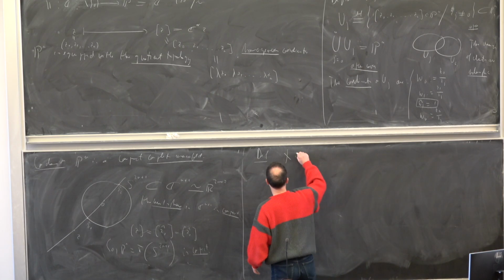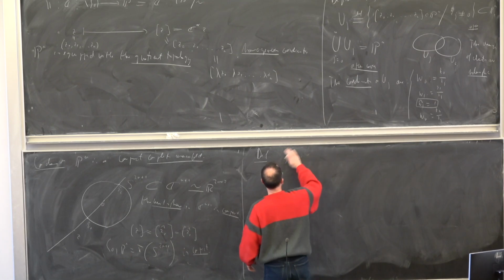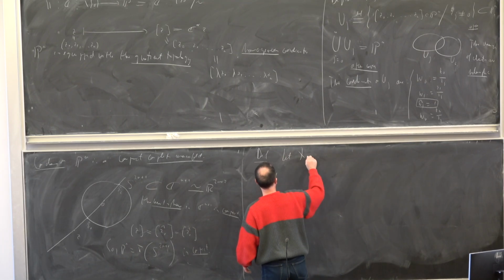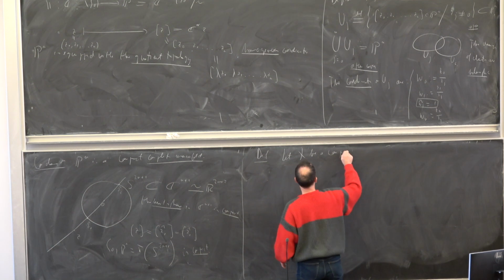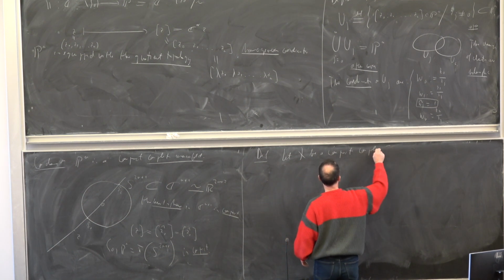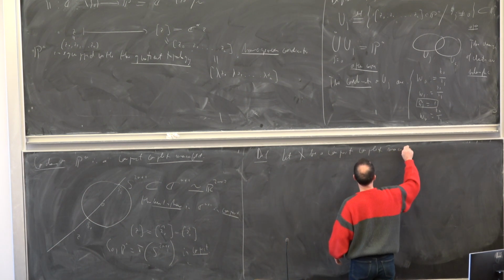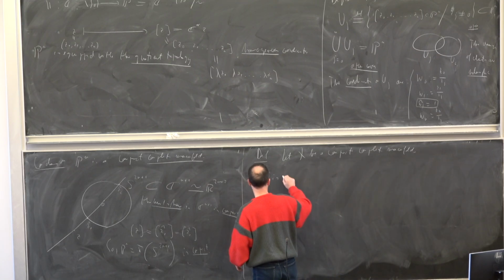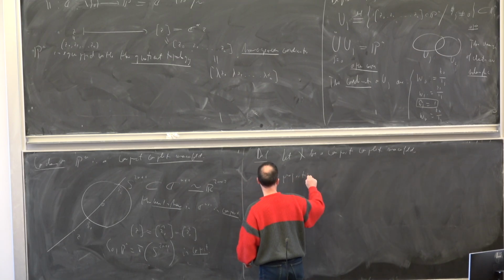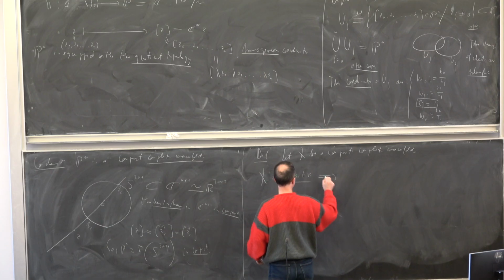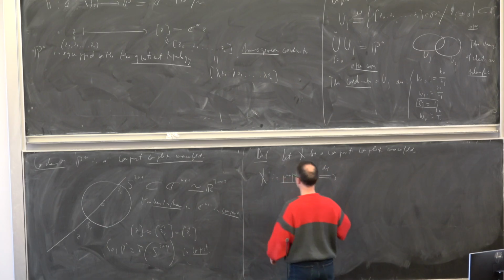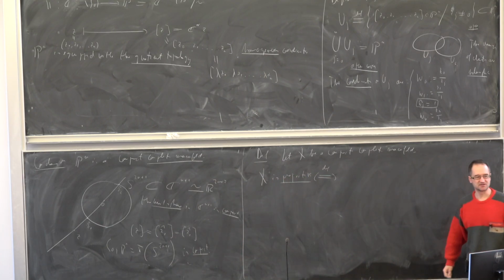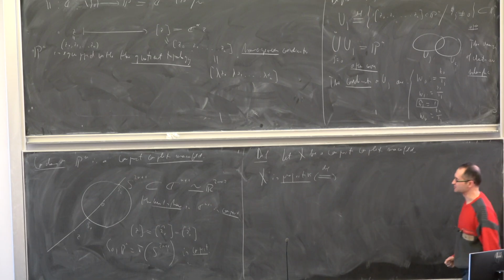So let X be a compact complex manifold. X is said to be projective if and only if, by definition, it can be embedded as a smooth submanifold in some projective space.